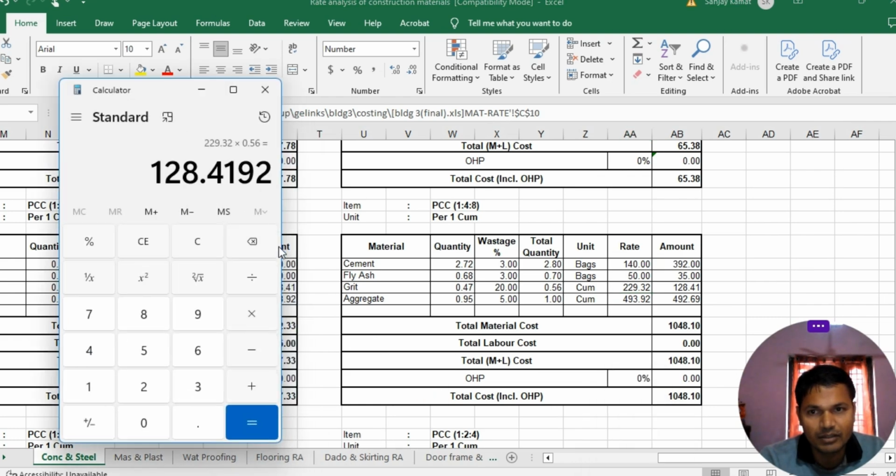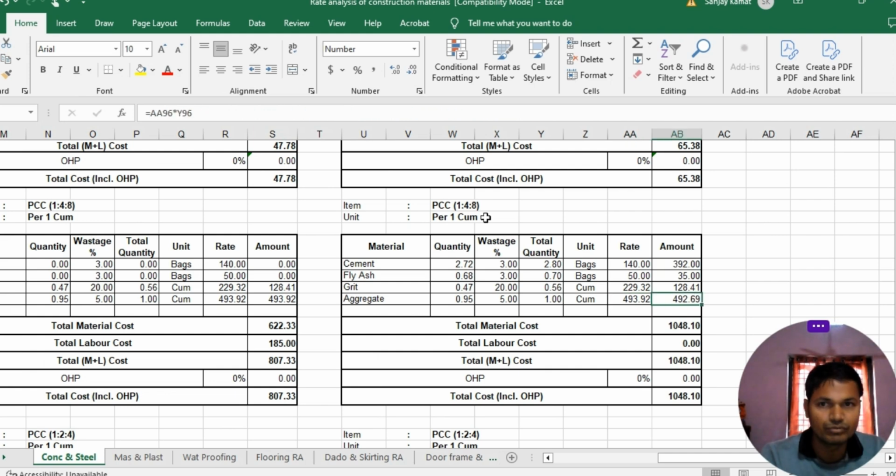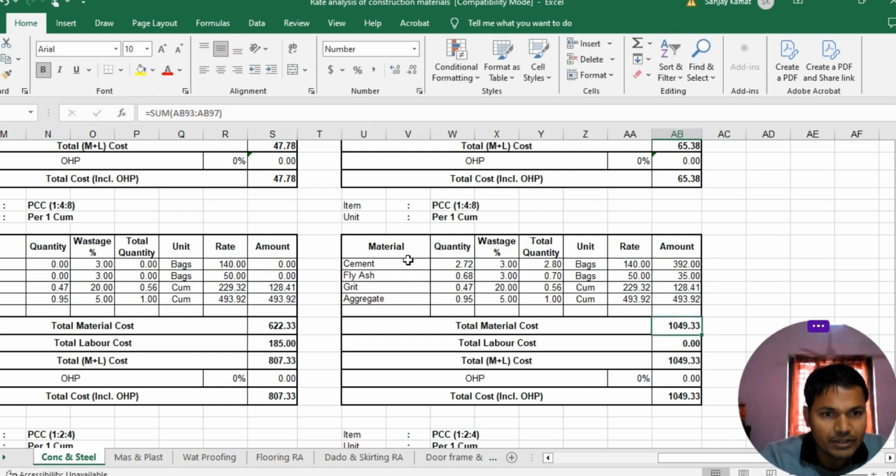So let's multiply and see whether it comes accurate or not. 493.92 into 1. If you multiply by 1, this will be the same value only. Here the decimal is different, so we will edit this value. 493.92, so we will write this value here.